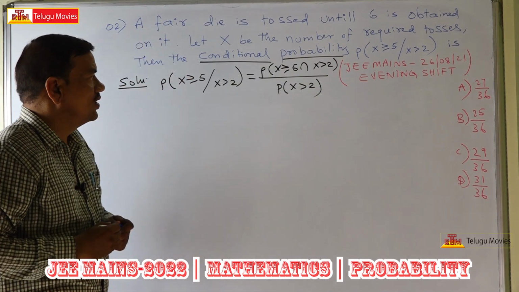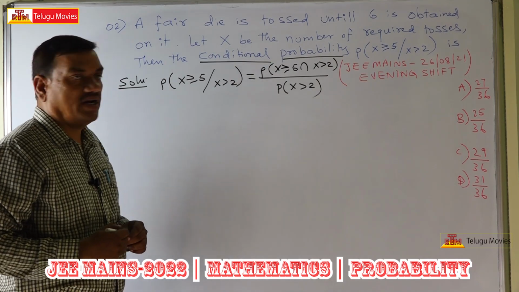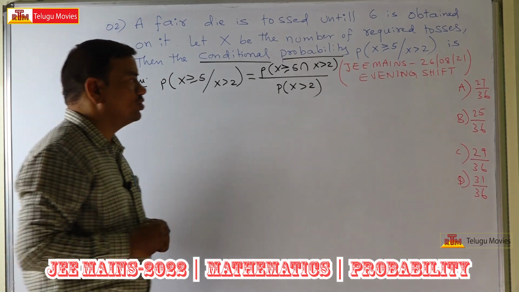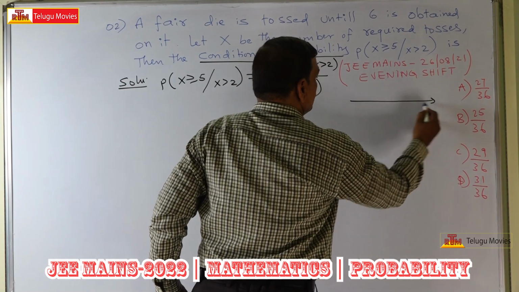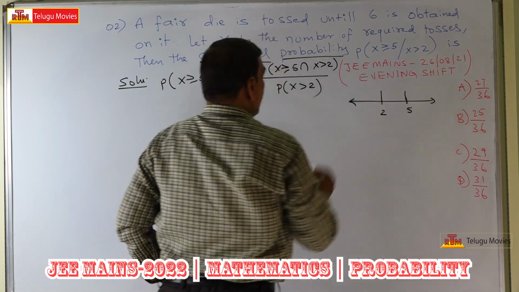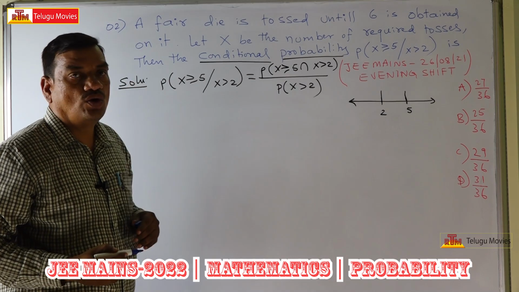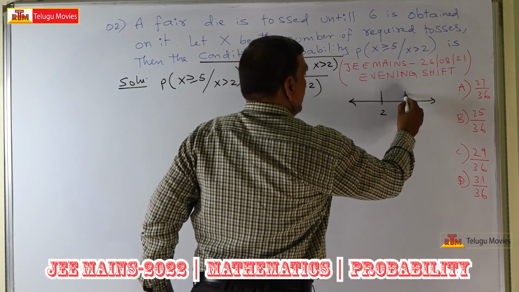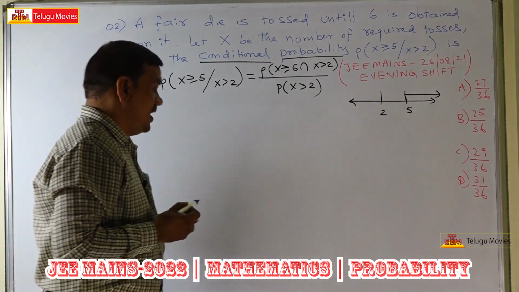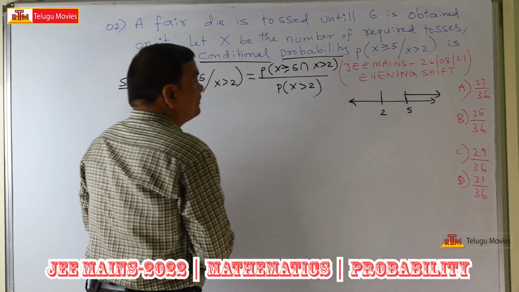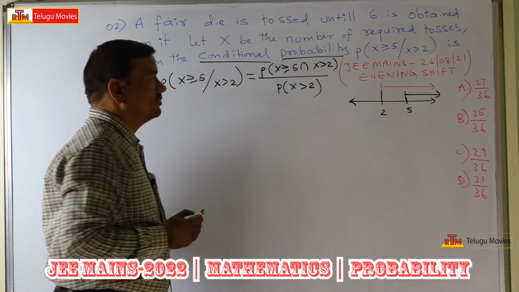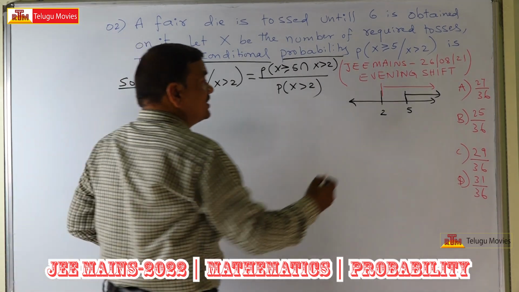Okay now. So coming to the numerator, x greater than or equal to 5 intersection x greater than 2. What is that? If you see the number line, this is 2 and this is 5. X greater than or equal to 5 means what? Including 5, the right side part, all numbers will come. X greater than 2 means what? Except 2, all the right side part. What is the intersection you will get?